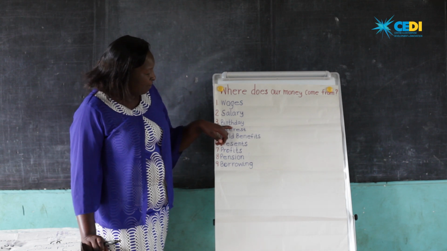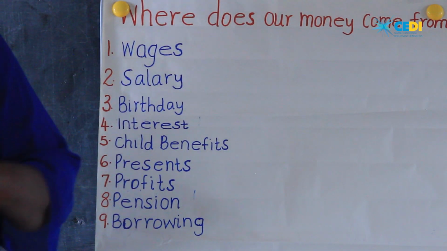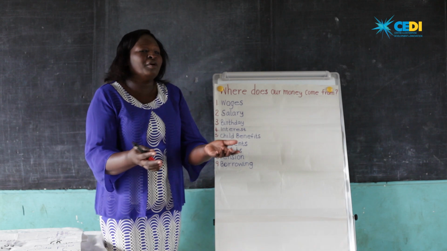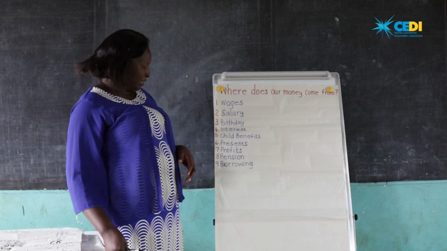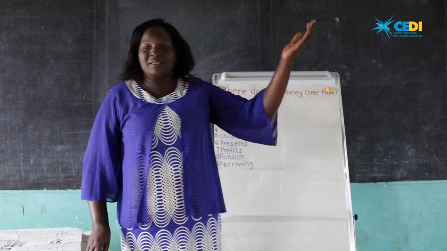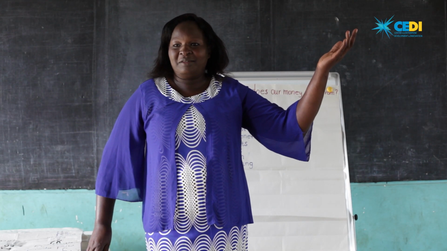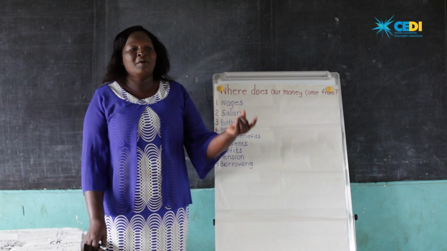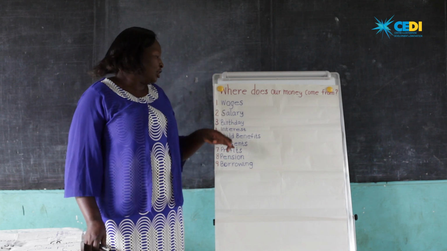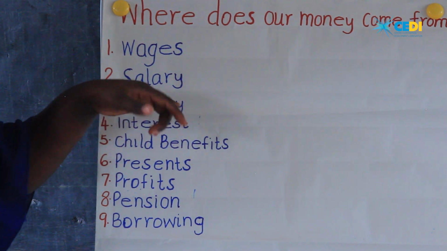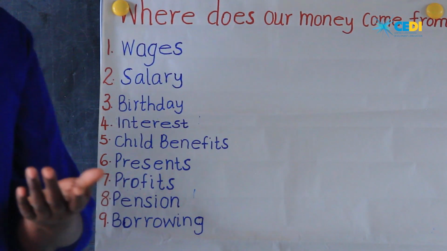Then we have birthday. Money got from birthday. When you have a birthday celebration, then some people tend to give you presents in form of money. How many people do birthdays twice in a year? Okay. So birthday only happens once in a year. So it therefore means that money got from birthday is got yearly.